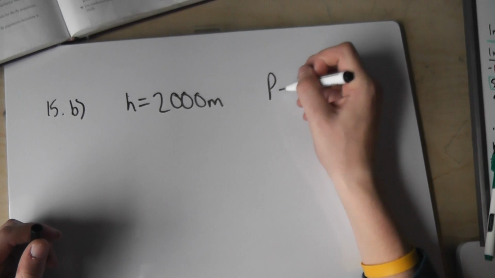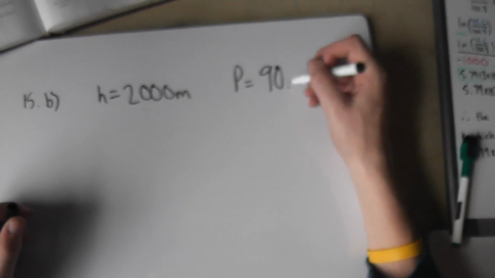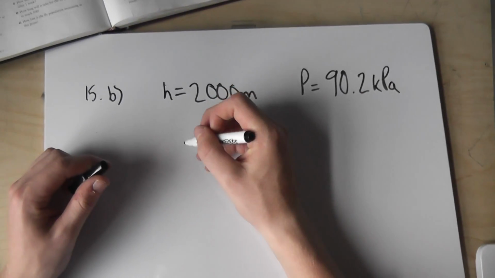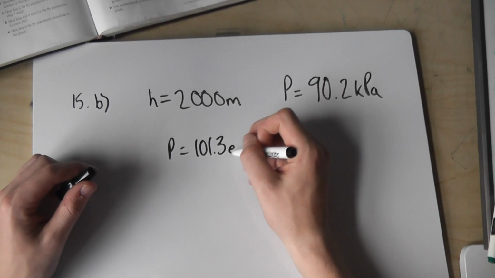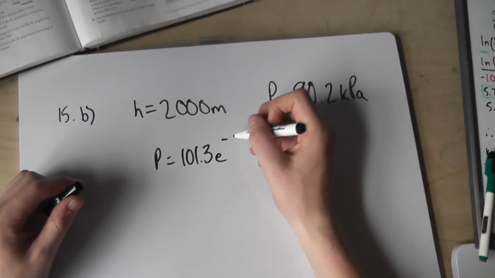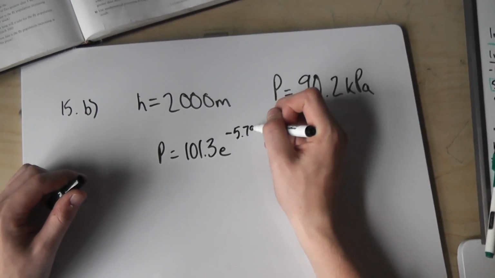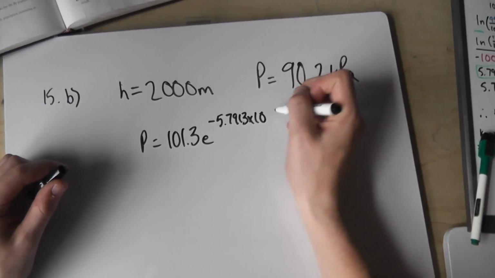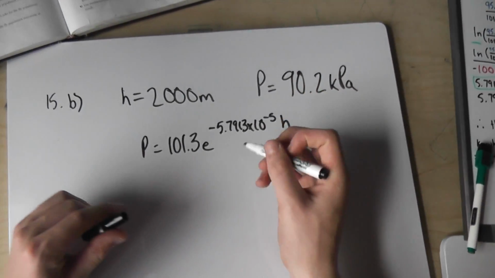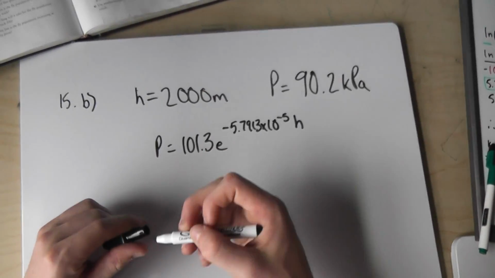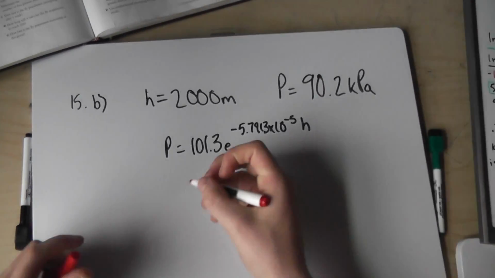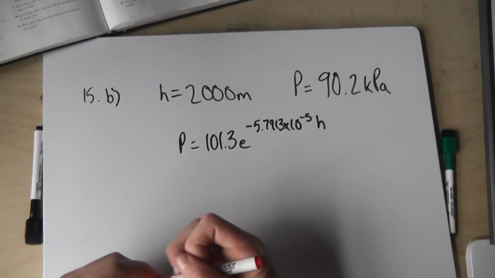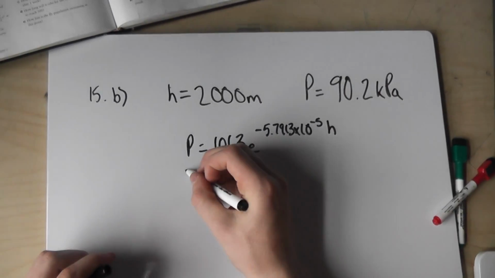We want to be able to get a pressure of 90.2 kilopascals. So we rewrite our equation. We now have the value for k. We now have a value for h, so we're going to sub these values in to find P.